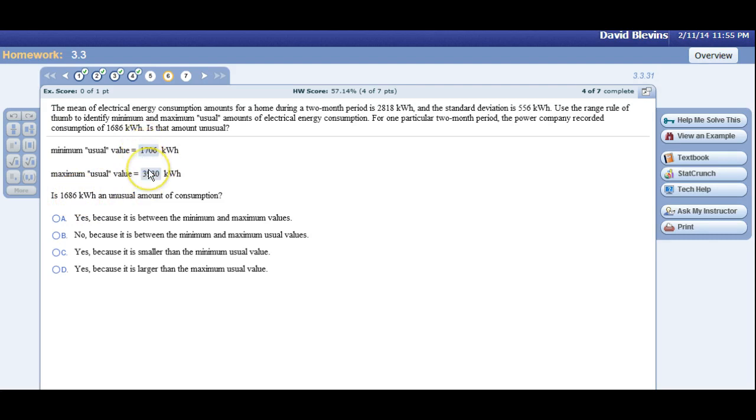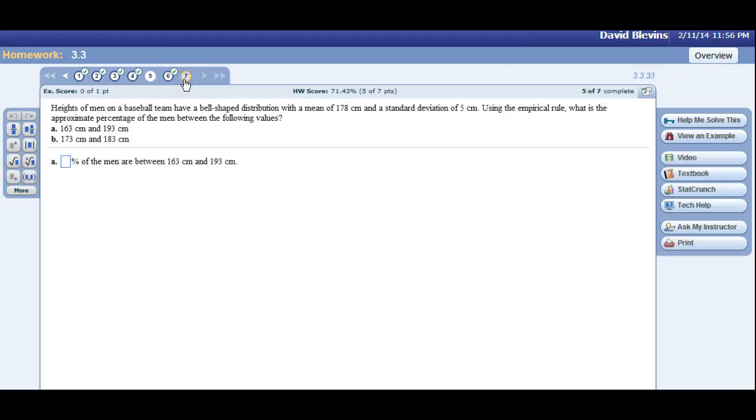Anything in this range is not unusual. Anything outside is unusual. So yes, it's smaller than the minimum usual value. That's how you use the range rule of thumb to determine if something's unusual. Anything more than 2 standard deviations away from the mean is considered unusual.